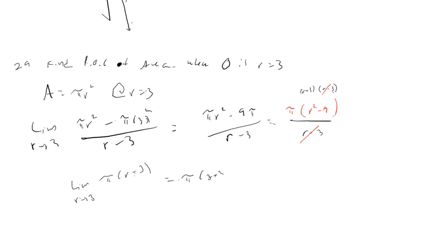Usually when we have pi, we just leave it with pi. This is our slope. That's how fast the area is changing at that point in time.